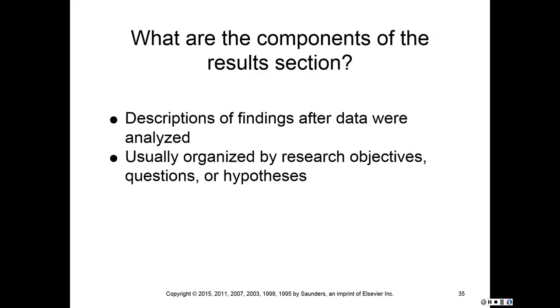What are the components of the results section? The results section will contain descriptions of the findings after the data were analyzed, usually organized by research objectives, questions, or hypotheses. So in the results section, Dickinson stated that better adherence was reported by those with increased job control and workplace support.